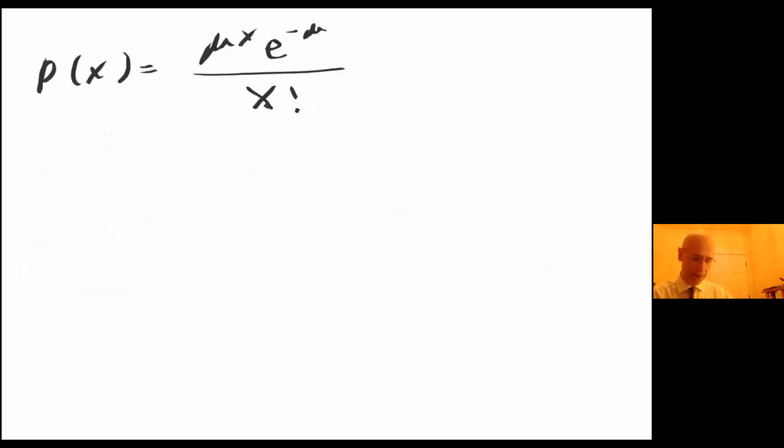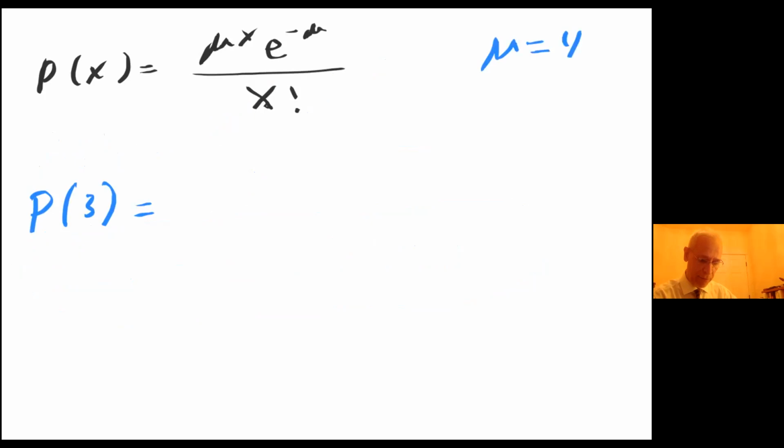All right, so for part A, that is asking probability of exactly 3, we can say P of 3 equals, what was the mean, mu? We know that mu was given to us as 4.